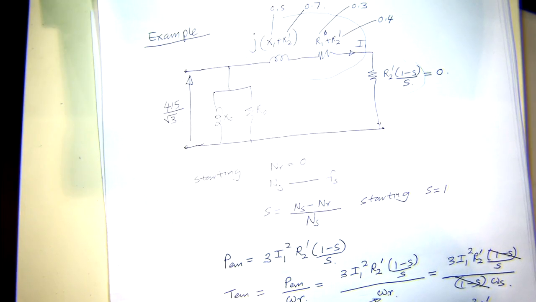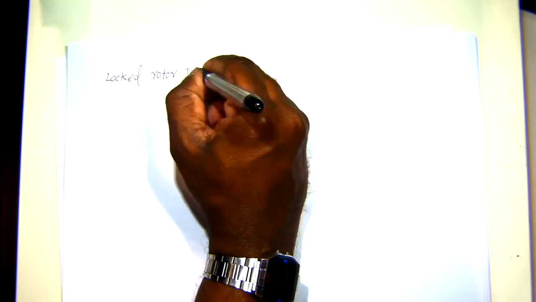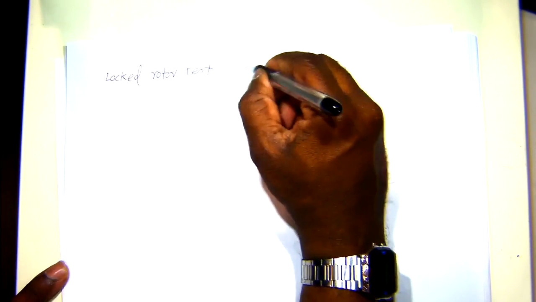When you remember the tests you do on the induction machine, you can have an analogy with the transformer tests as well. So if you compare, the first one is the locked rotor test. This is similar to the transformer short circuit test.